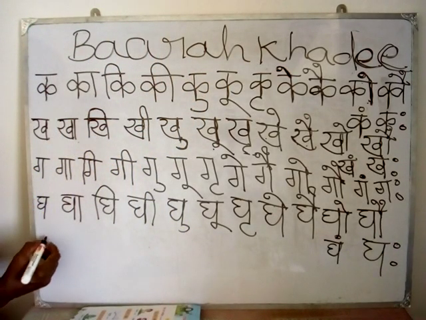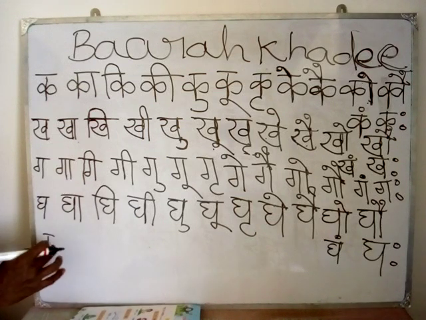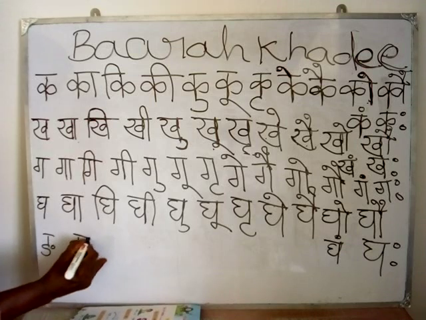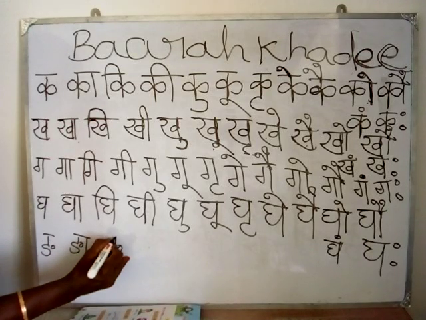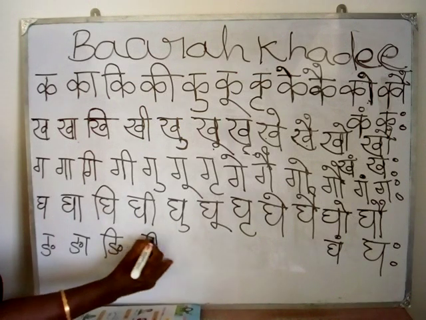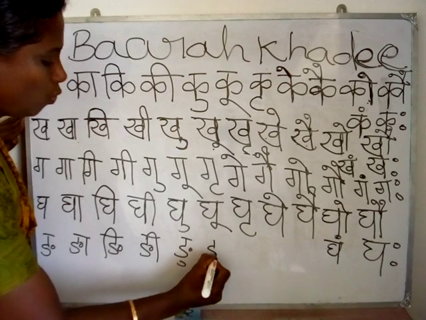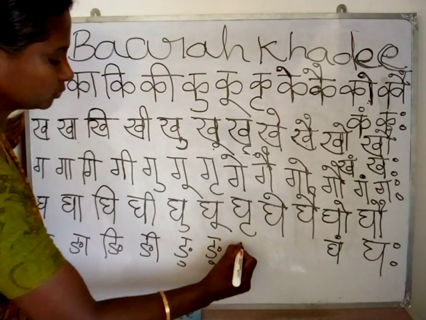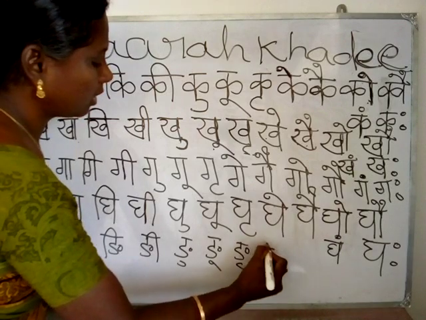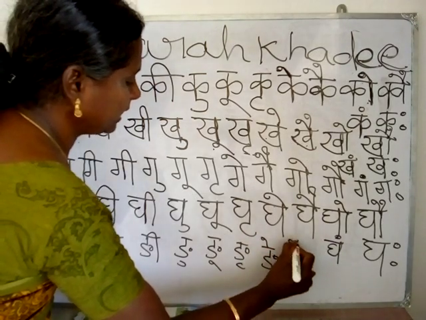Then last one, nga, is not such. The letter often won't come, but nga. Nga, ngi, ngu, ngru, nge, ngai.